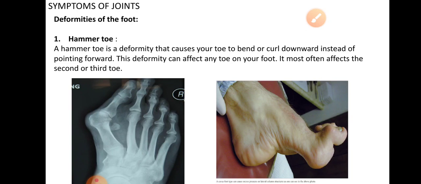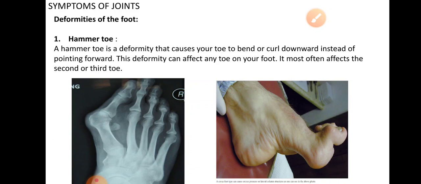Coming to the deformities of the foot, first one is hammer toe. A hammer toe is a deformity that causes your toe to bend or curl downward instead of pointing forward. This deformity can affect any toe on your foot. It most often affects the second or third toe.